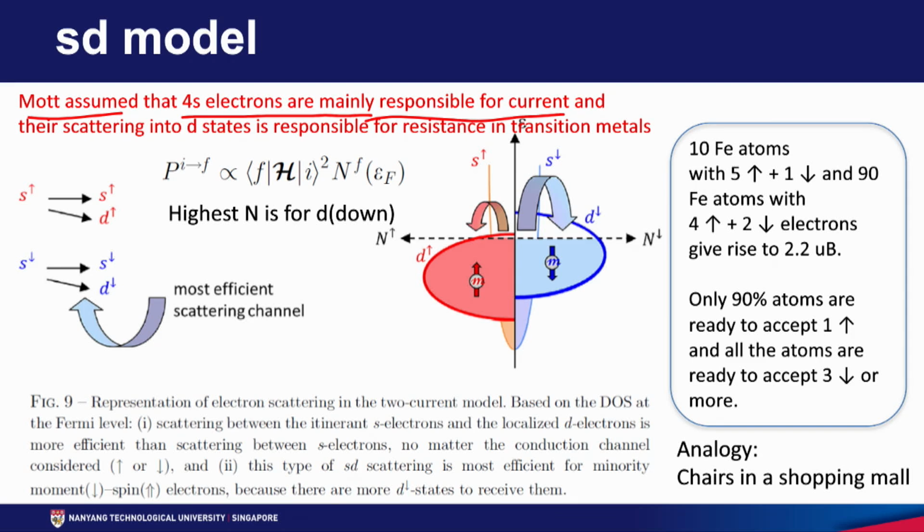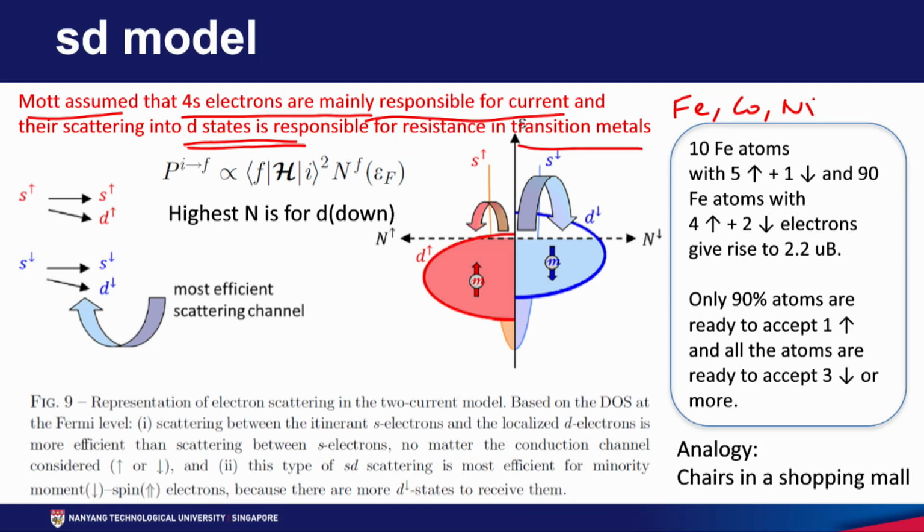D electrons are localized, and the scattering of these 4s electrons into d states is responsible for the resistance in transition metals. When we say transition metals, in this case iron, cobalt, nickel are all transition metals. So right now we are focusing on these transition metals.